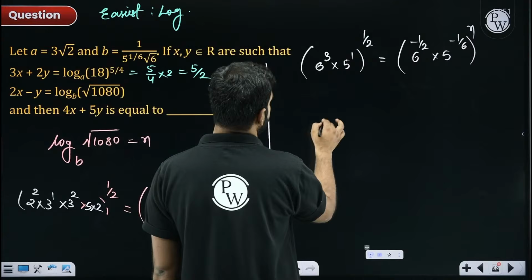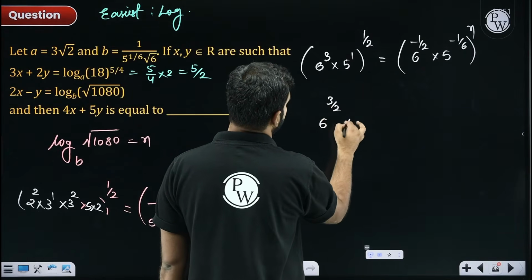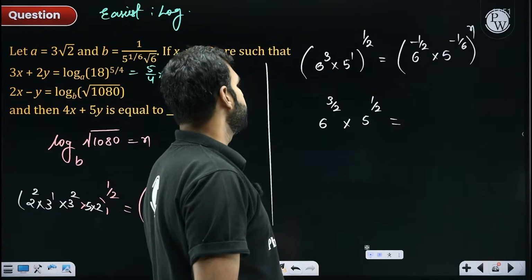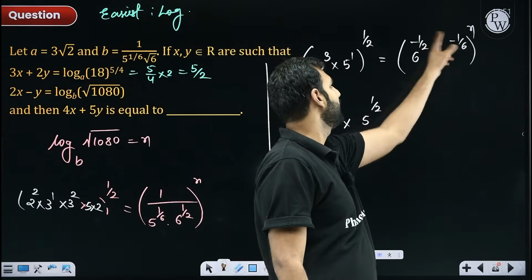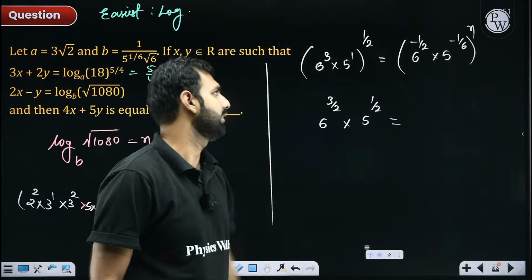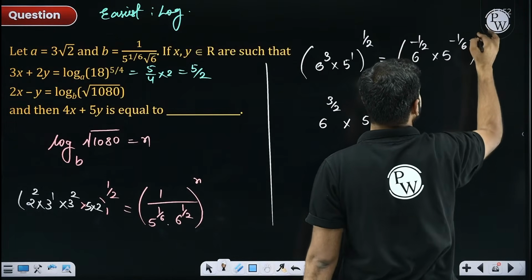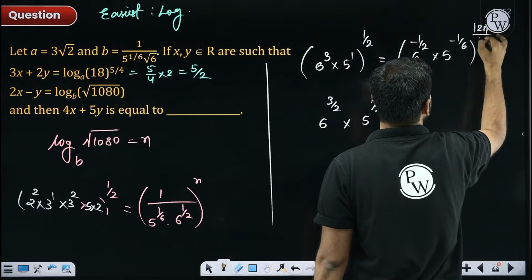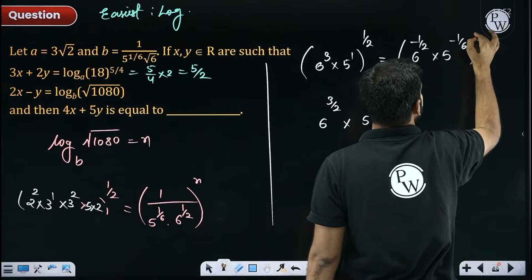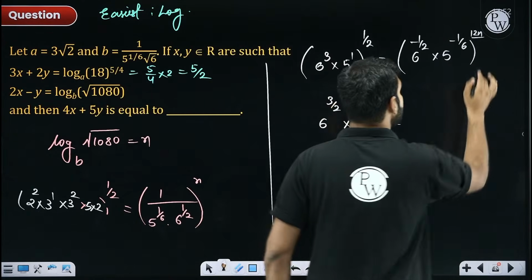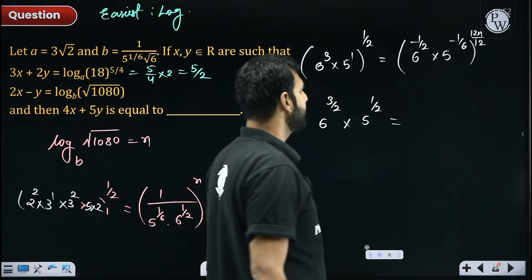I should write it as 6 to the power 3 by 2 into 5 to the power 1 by 2. Everyone comfortable with this? Now, to have a 1 by 2, let me have a 12 here. How can I have a 12 here? I hope I can write this n as 12n by 12. This n I can write it like this.